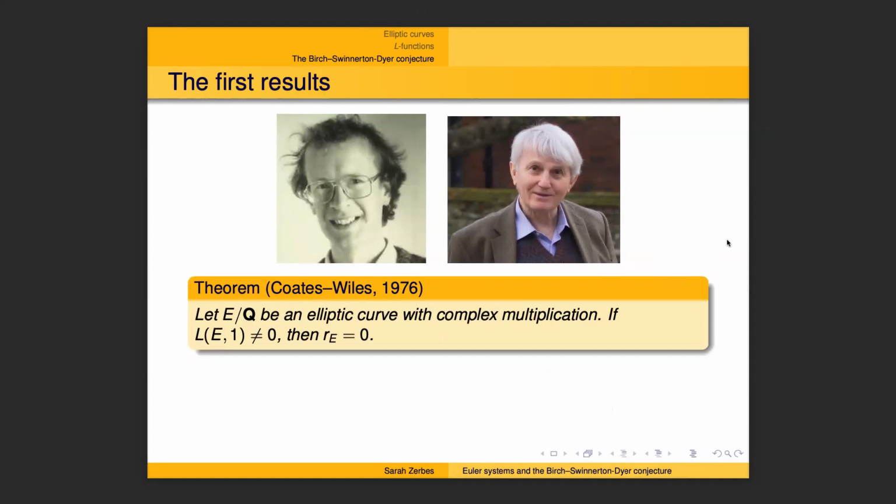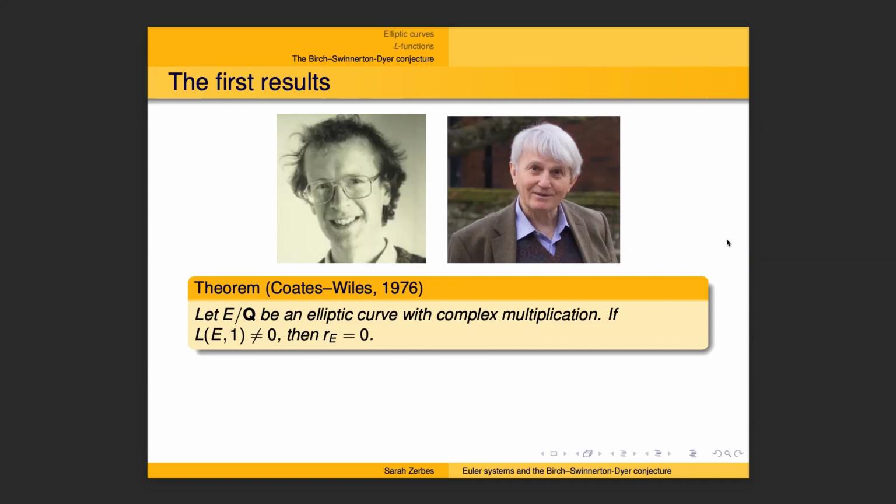In 1976, they proved that for E over Q an elliptic curve with complex multiplication, which means it's a special kind of elliptic curve with lots and lots of symmetries, which they exploit, if the analytic rank, that is, if the value of the L-function at s equals 1 is not equal to 0, then the Mordell-Weil group is finite.